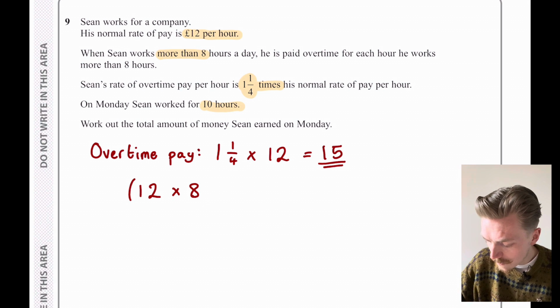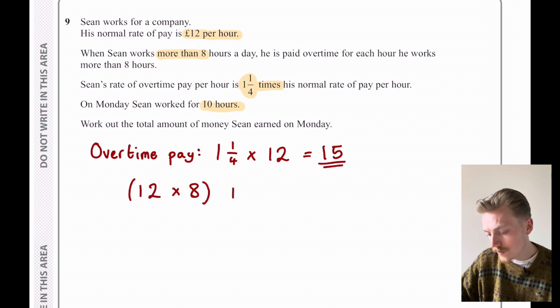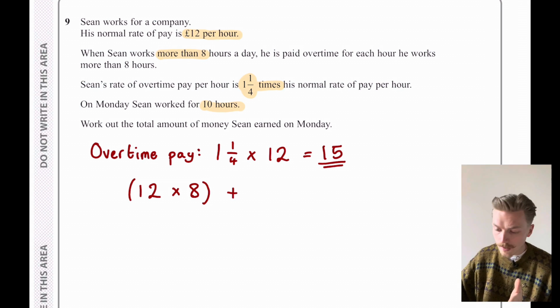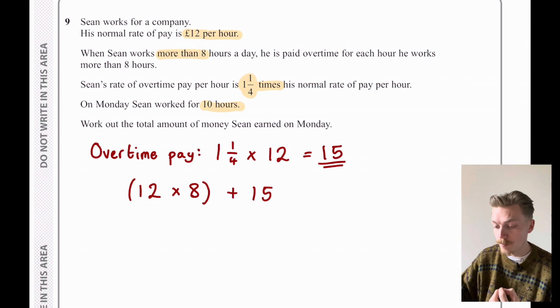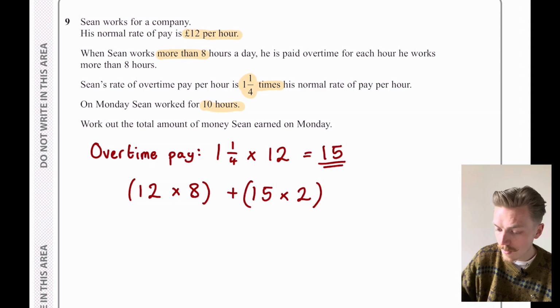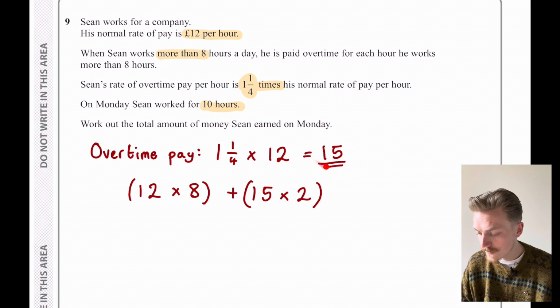And then after I've done that, I've also got an extra 2 hours. So that is £15 for my overtime pay. That is an extra 2 hours, because up to 8 hours, and then I've got 2 extra hours to get to 10 hours. And that's going to be my overtime pay of 15.